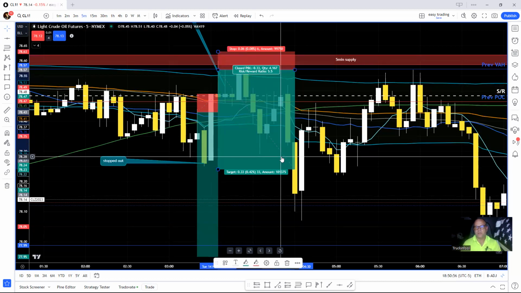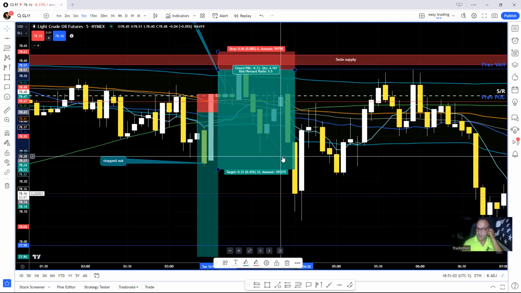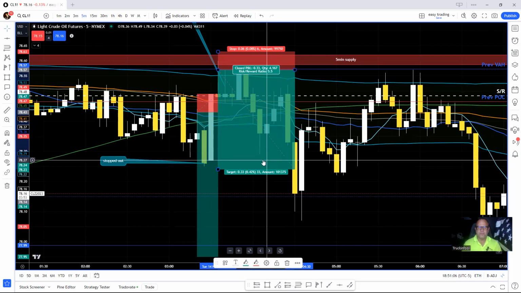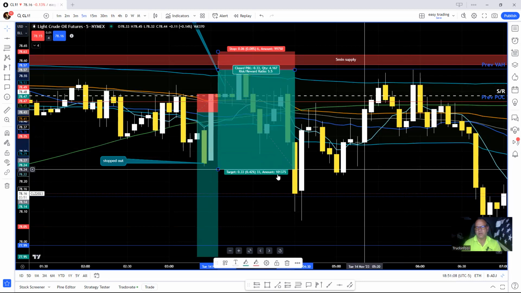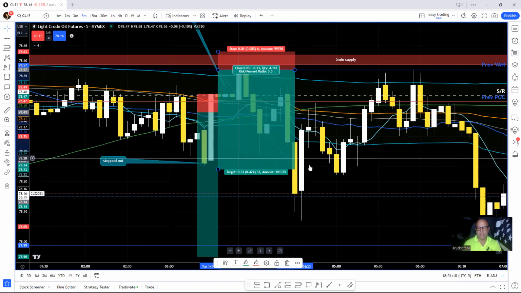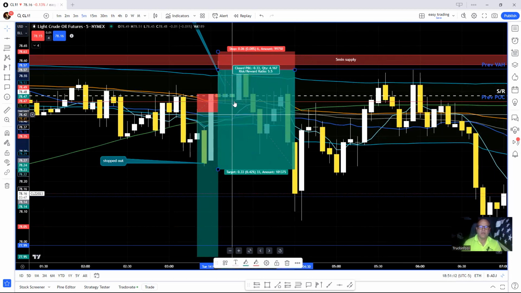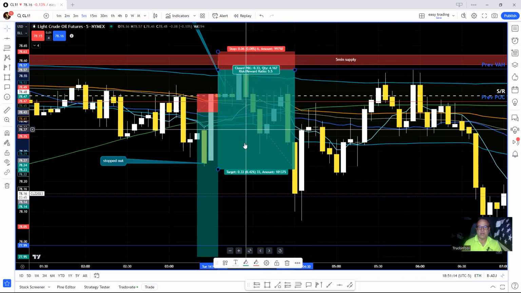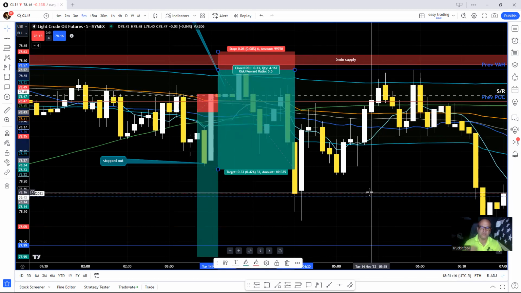Woke up at about 8:45, 9 o'clock, and saw that the trade worked. We got the entire profit. Well, not the entire profit, because we took 2 contracts off. We ended up making about $850 on that trade.